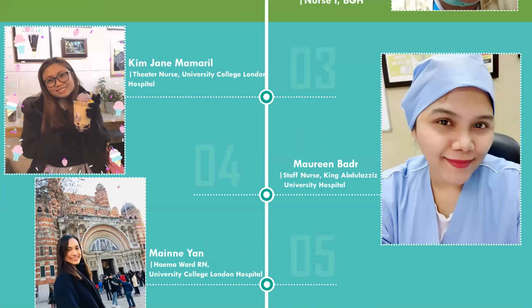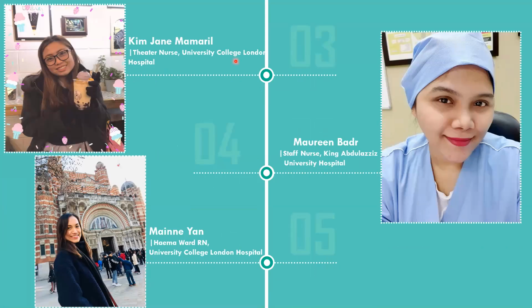And we have Miss Kim Jane Mamaril, a theatre nurse in University College London Hospital in the UK. We also have Maureen Badir, staff nurse in King Abdulaziz University Hospital in the Kingdom of Saudi Arabia. And we have Main Yan in the Hema Ward in University College London Hospital in London, UK.